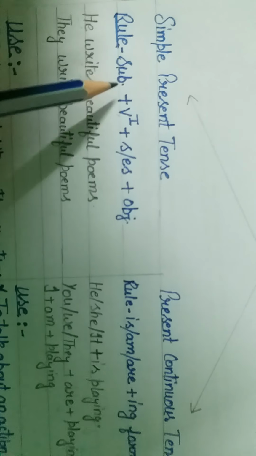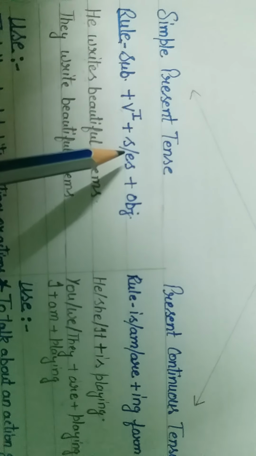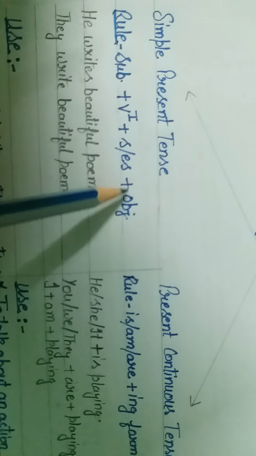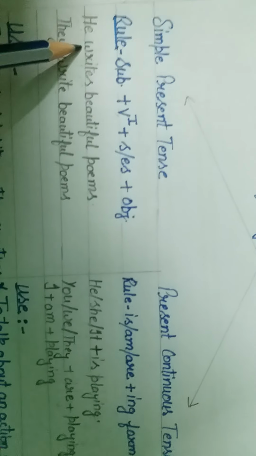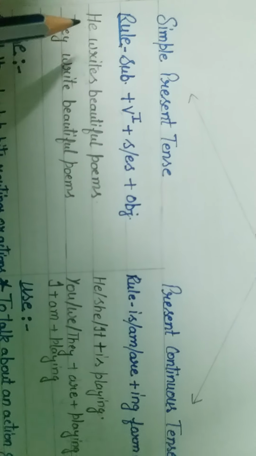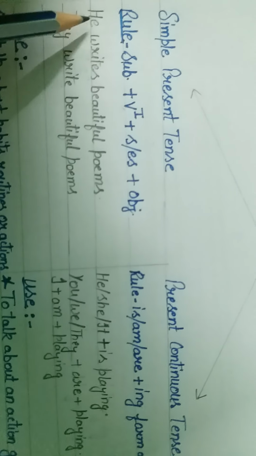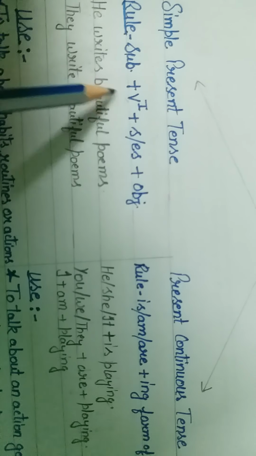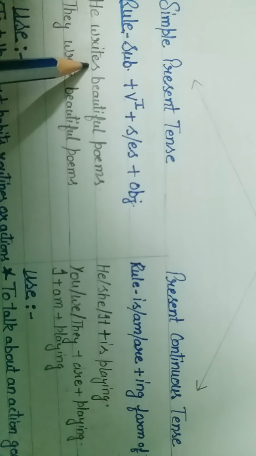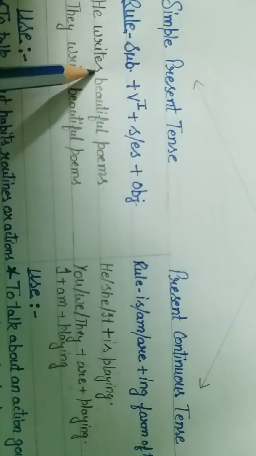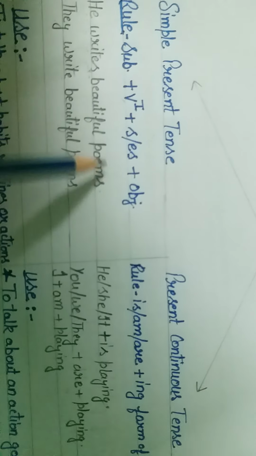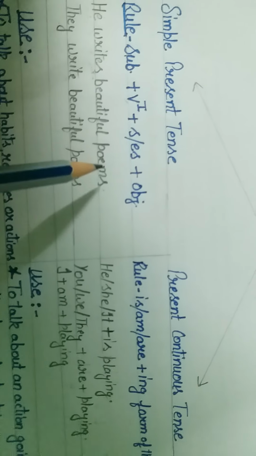Rule is subject plus verb first form, and with first form of the verb we use s or es, and then object. He writes beautiful poems. Here he is a subject, means doer of the action, and writes, first form of the verb as we use. Write is a first form and s we have used with the first form, it becomes writes. Then object, he writes beautiful poems.